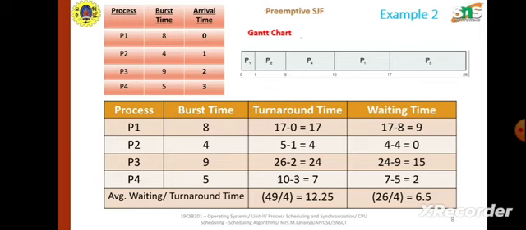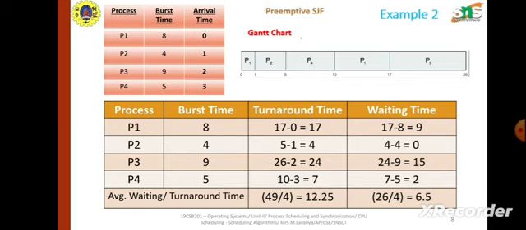Then next, again the process P1 and P3 will be compared. P1 has the remaining burst time of 7 milliseconds. P3 is having burst time of 9 milliseconds. So comparatively, P1 is having lowest burst time. So P1 will be allocated for the execution.